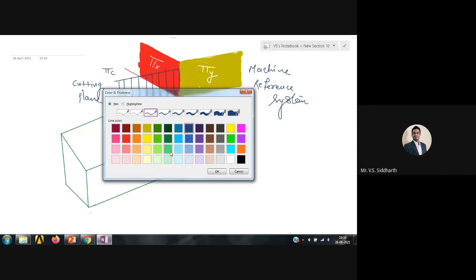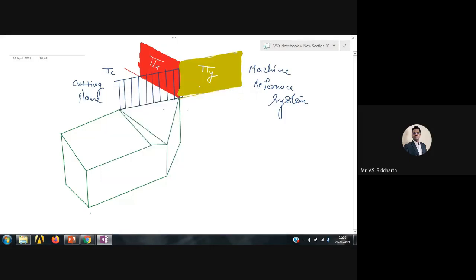Now another plane will be perpendicular to this pi c, which will be something like this.